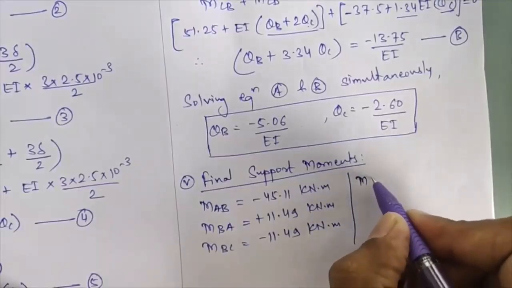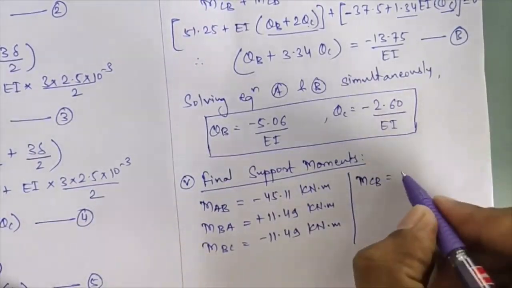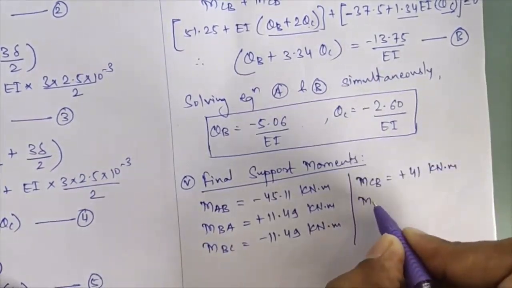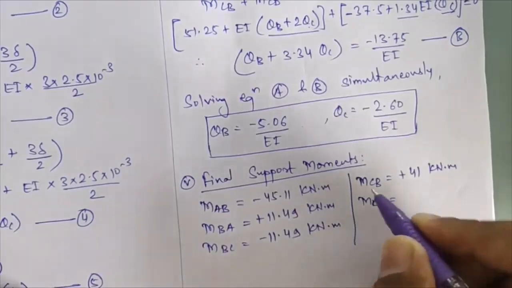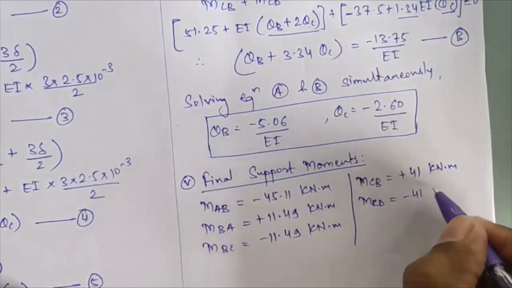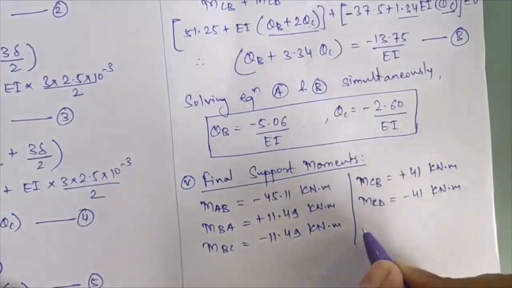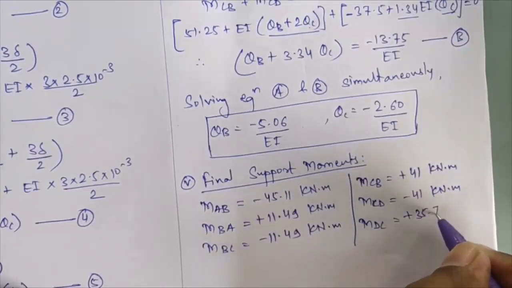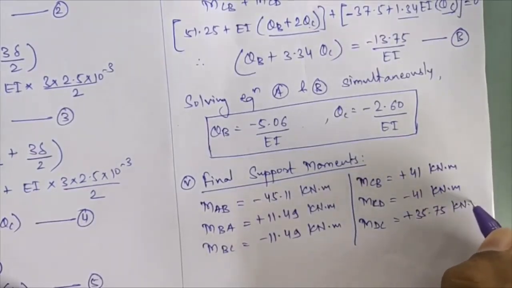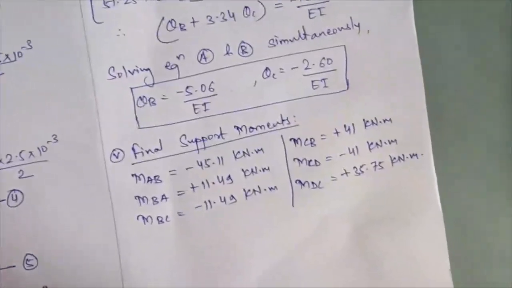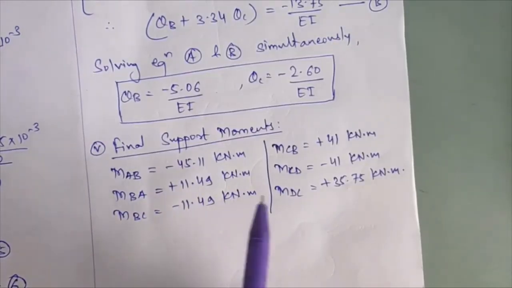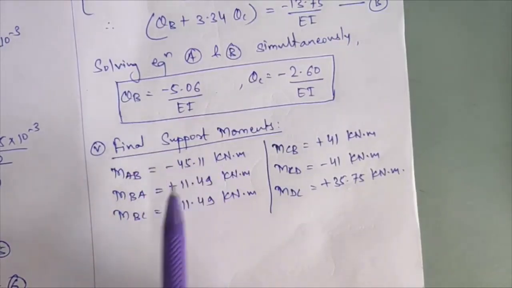Next value of MCB 41 kilonewton meter. MCD I have got minus 41 kilonewton meter, and the last value MDC I have got plus 35.75 kilonewton meter. So these 6 values I am getting. You check the values, and if you find any query in these values, you please comment over there. Okay, so this final moment or final support moments I am getting here.